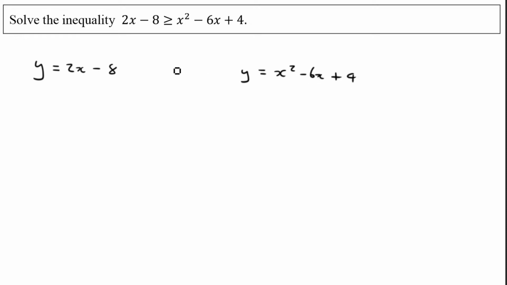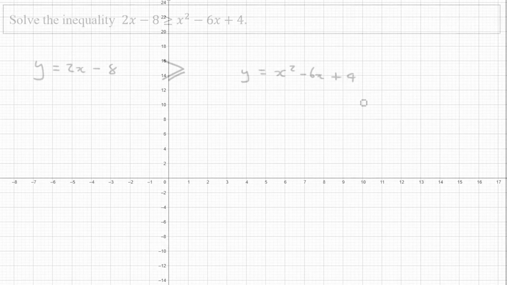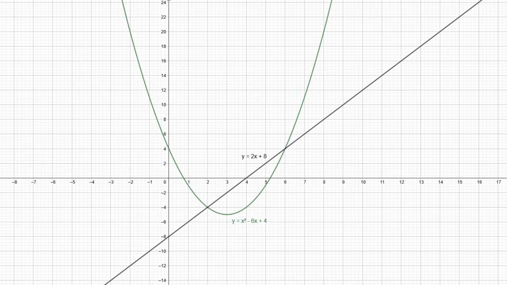And if we want 2x subtract 8 to be greater than or equal to x squared subtract 6x plus 4, then we are interested in points where the y-coordinate of this straight line is higher up or at the same height as the y-coordinate of this parabola. So drawing that straight line and that parabola, we are interested in places where the y-coordinate of the straight line is larger than the y-coordinate of the parabola.